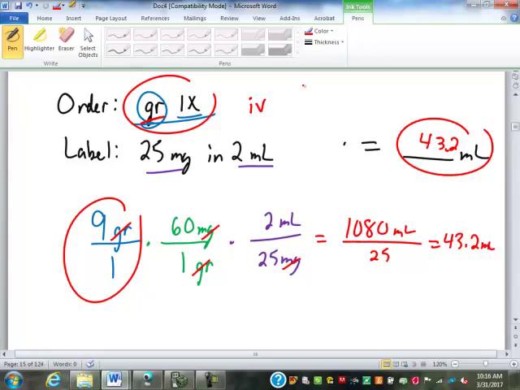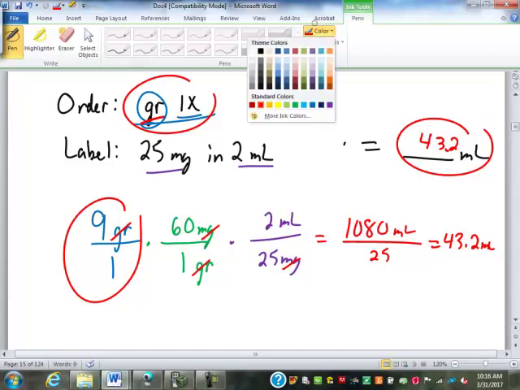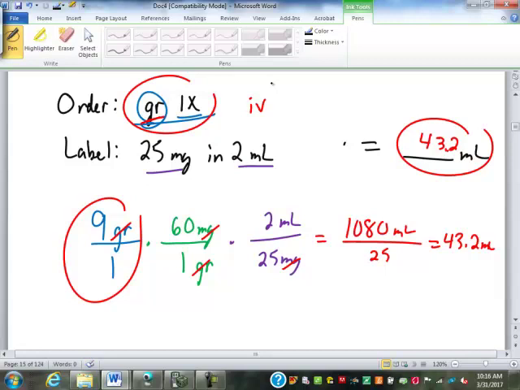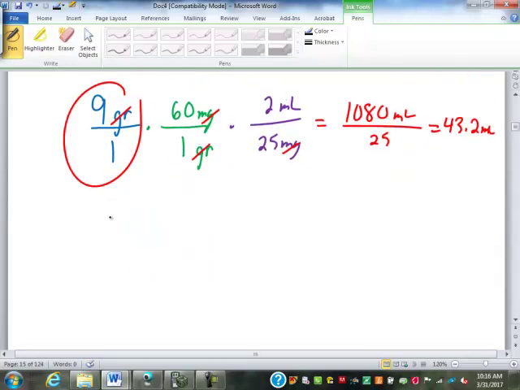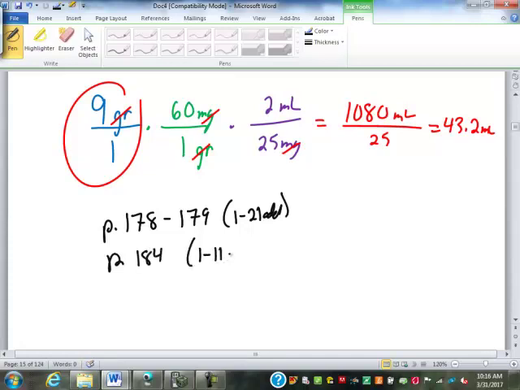Okay, well, that is it then for Unit 3. Next week is our Unit 3 test. There is homework that deals with this stuff. Page 178 through 179, 1 through 21, the odds. Page 184, 1 through 11, the odds.